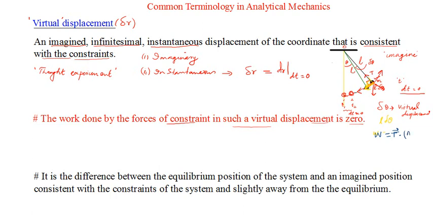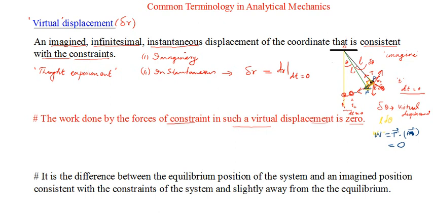Let me call it the AB vector, where this is A and this is B. So this one is the AB vector. You can see that since they are perpendicular, it will be equal to 0, right? So the work done by the force of constraint is equal to 0 in what is known as a virtual displacement.